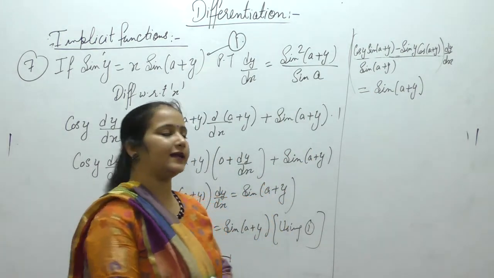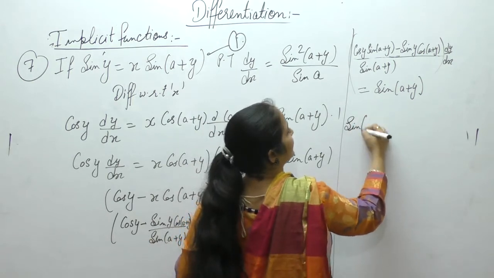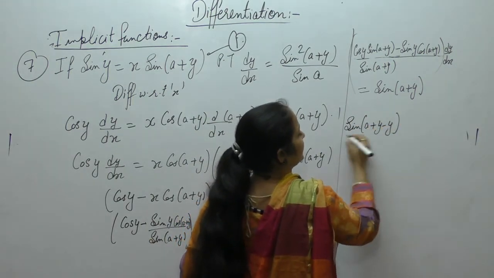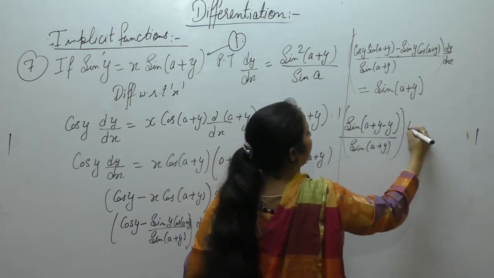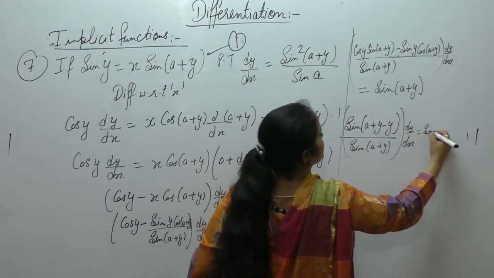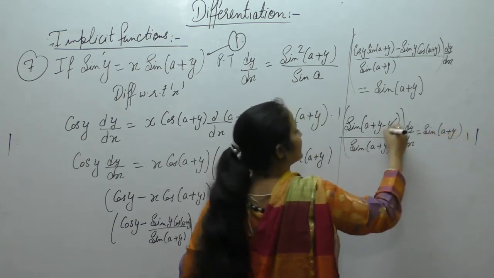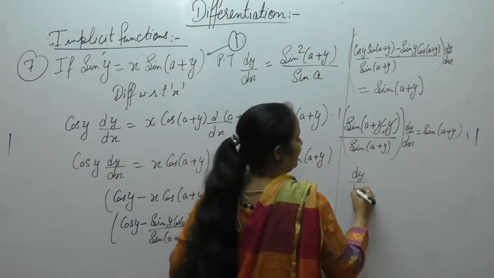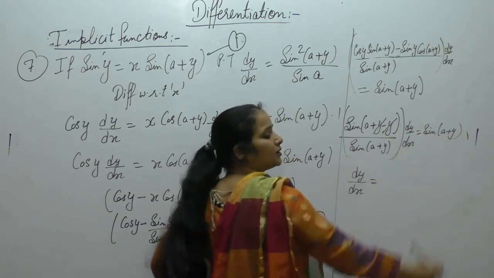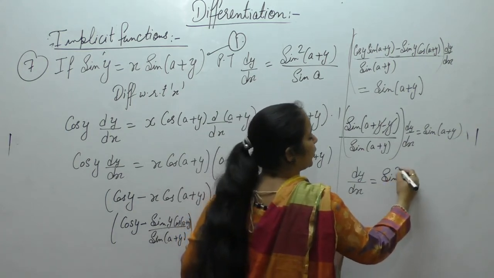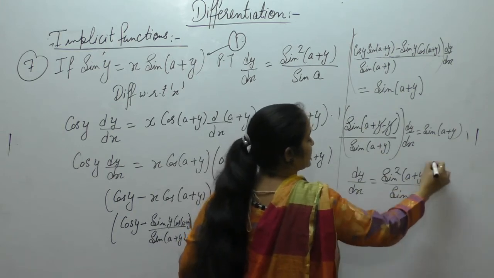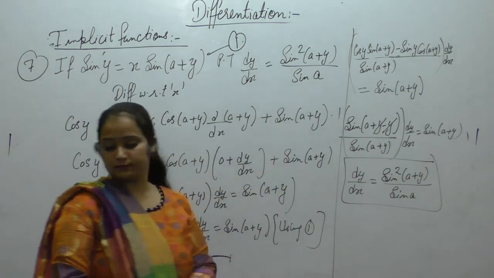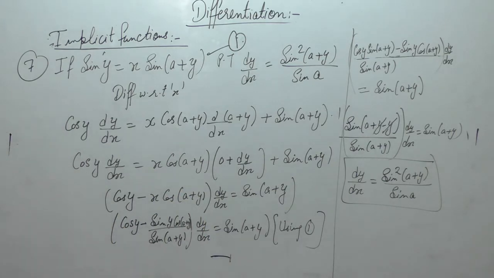Sine a cos b minus cos a sine b. So sine of (a plus y minus y) upon sine (a plus y) dy upon dx is equals to sine (a plus y). This y will get cancelled, so we get dy upon dx, this term goes on the right hand side, so sine square (a plus y), and this is sine a. This is what we wanted to prove. Note it down.